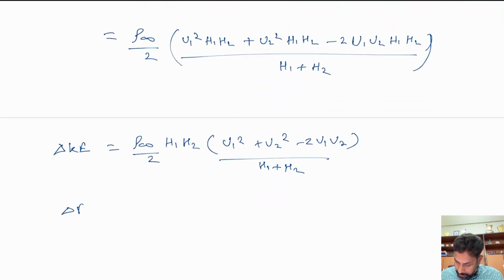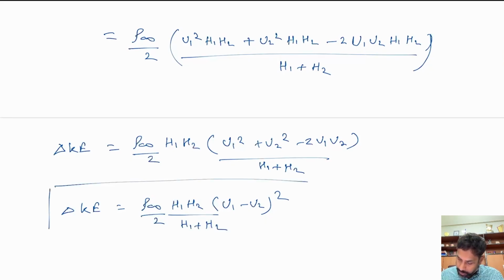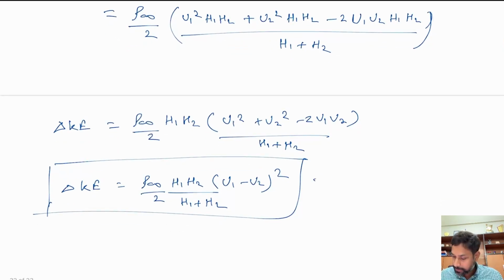So that basically gives us rho infinity over 2 h1 h2 (u1 minus u2) square divided by h1 plus h2. Okay, so this is delta KE, that is change in kinetic energy, right? And similarly, we can also find the change in potential energy.